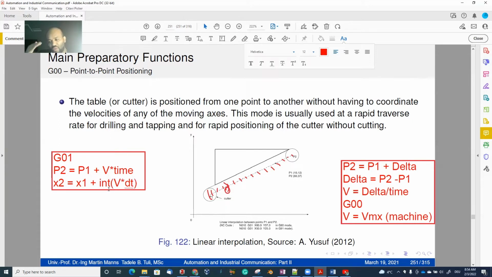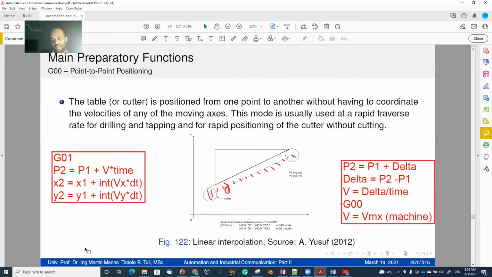When we have small numbers, we have to integrate over it, and then Y2 equals Y1 plus the integration of V dt. But here this is Vy actually, and this is Vx. We just have to do something like that, right?